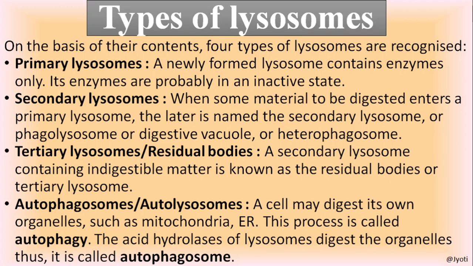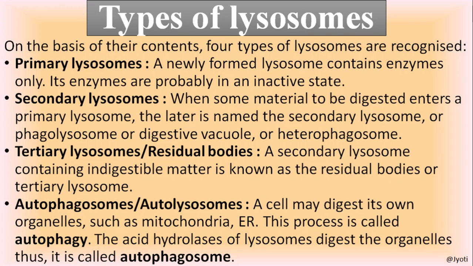This form exists when a cell digests its own organelles, the worn out organelles. When an organelle like mitochondria, endoplasmic reticulum or Golgi complex becomes functionless, it needs to be removed from the cell. Otherwise, it will create toxicity in the cell. So these cell organelles are digested by the lysosome.